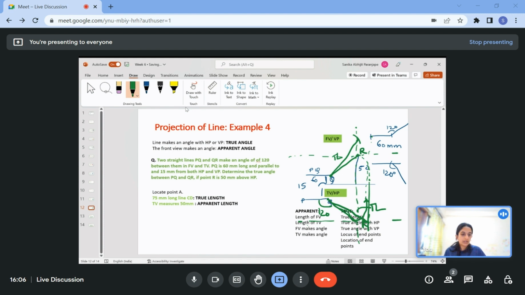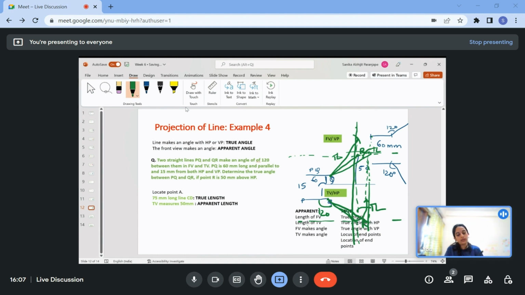So here I rotated this, I went up, and this is my second locus of R. So I get this as the true length. Once you get the true length, you can mark it on the original R line that was there, because if you rotate it like this, point R is always going to be on the same line. But the only thing you need is that this should be the true length.